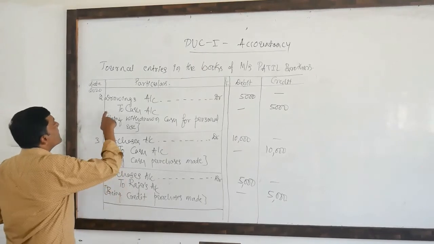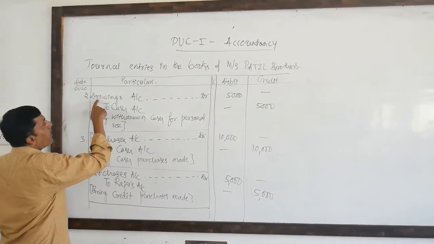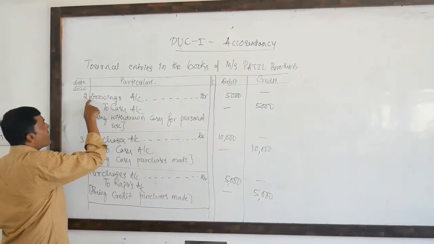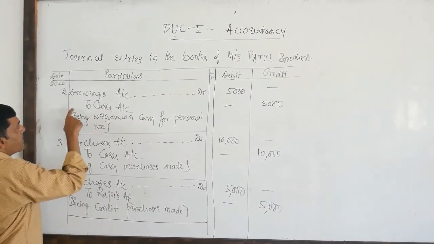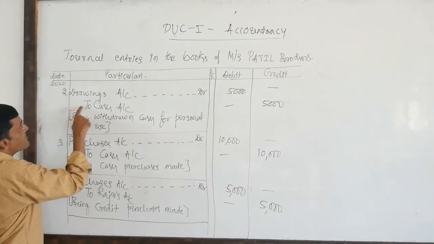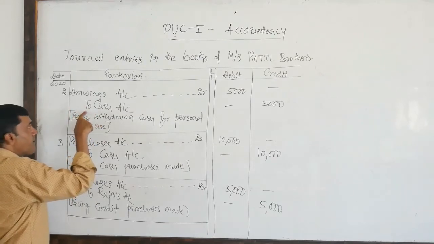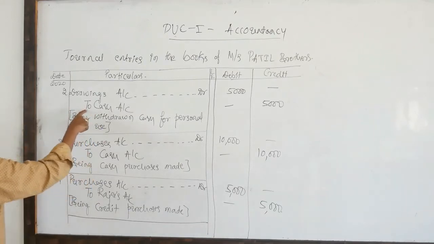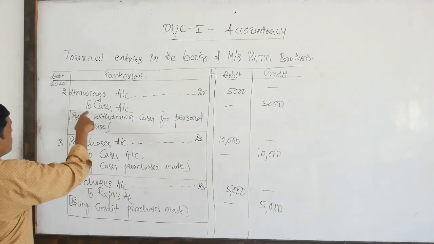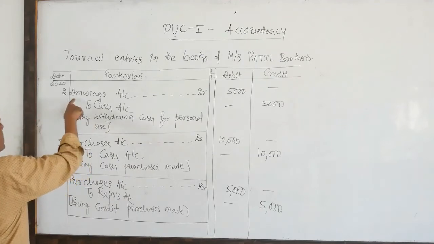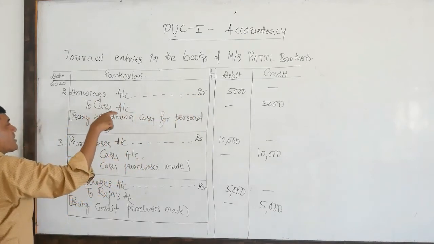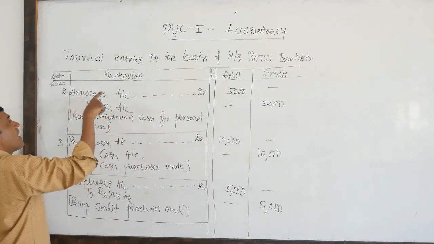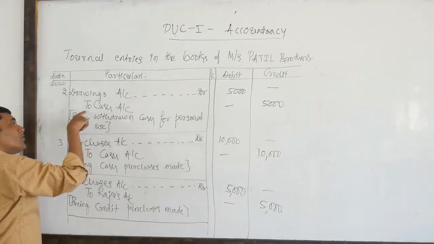So while writing the debit, we need to start from this line. While writing the credit item, we need to leave a space. Starting word should be very clear, that is "to". Look here, drawings account is debited to cash account.